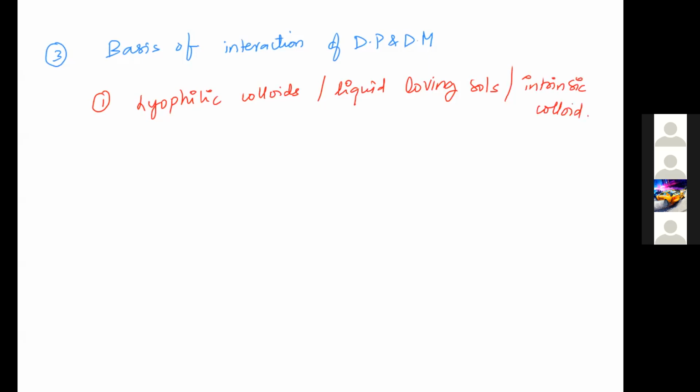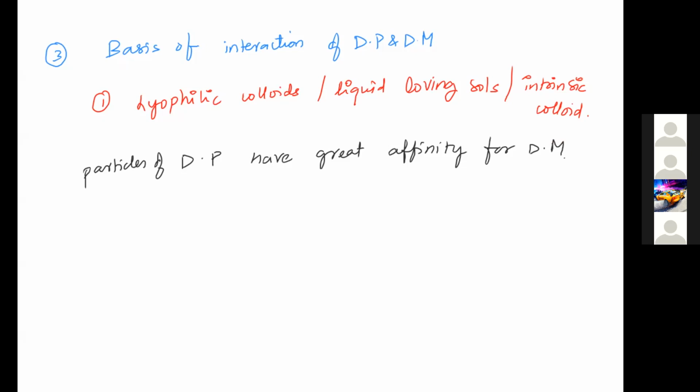Okay, so what happens here? The colloidal solutions in which the particles of the dispersed phase have great affinity for the dispersion medium, we call them lyophilic colloids.